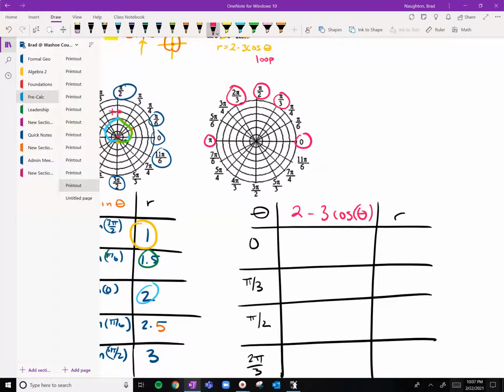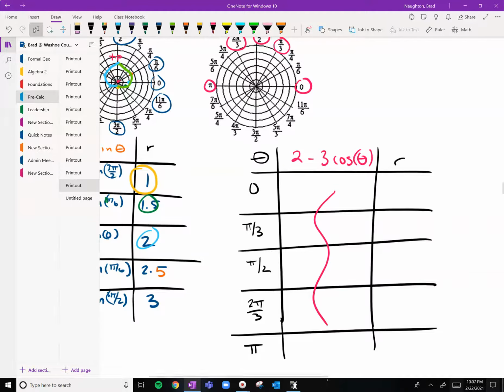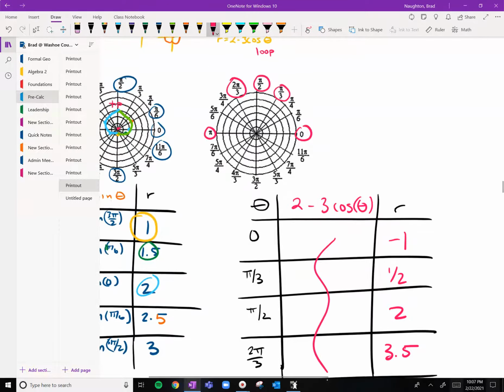So this is -1, and this would be 1/2 or 0.5, and then pi over 2 is going to be 2, 3.5, and then this is going to be 4. All right, so those are my points.